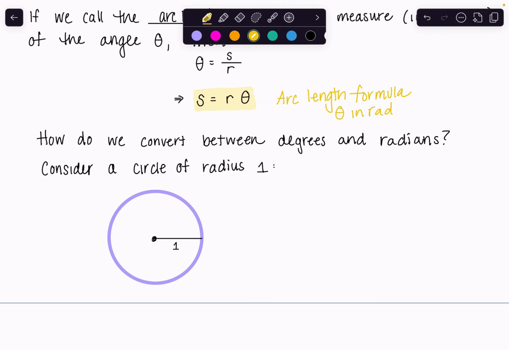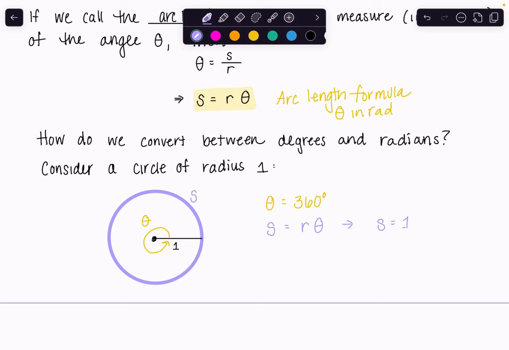And I'm going to consider making one full revolution for a theta value. So theta is going to be exactly 360 degrees. I want to see what that is in radians, okay? And again, I know my arc length here. I can just utilize my formula. My arc length is going to be r times theta, but my r is 1.